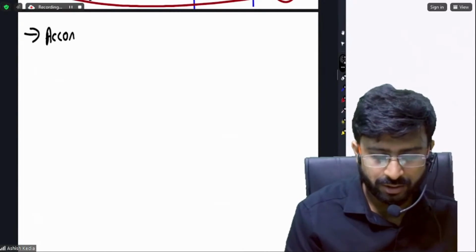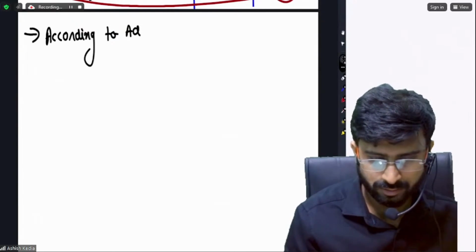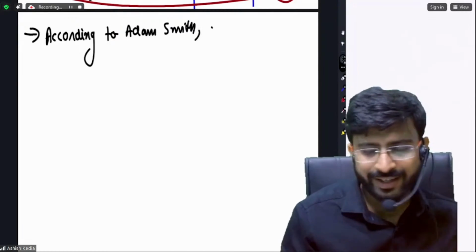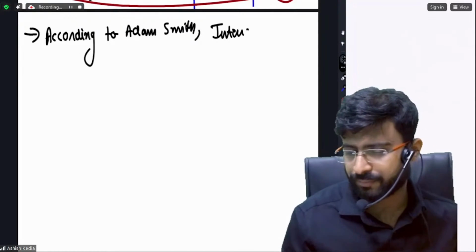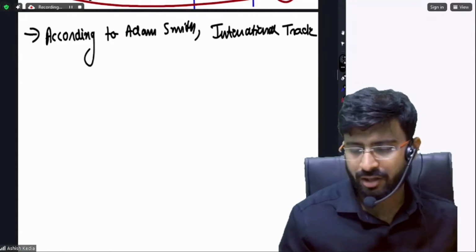According to Adam Smith, international trade is not a zero-sum game.